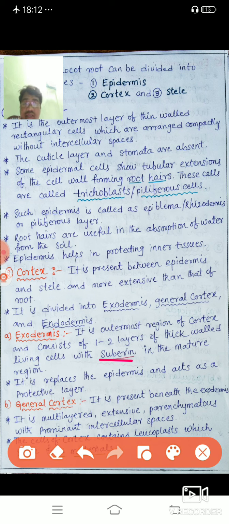The general cortex is present between the exodermis and endodermis. It is a multi-layered extensive parenchymatous region with prominent intercellular spaces.